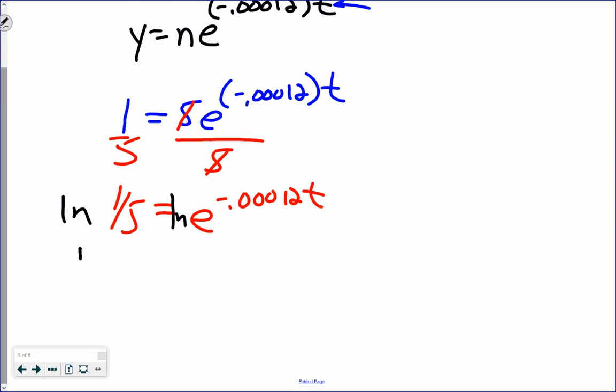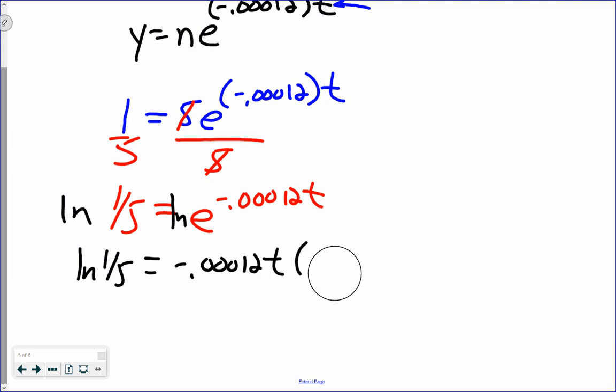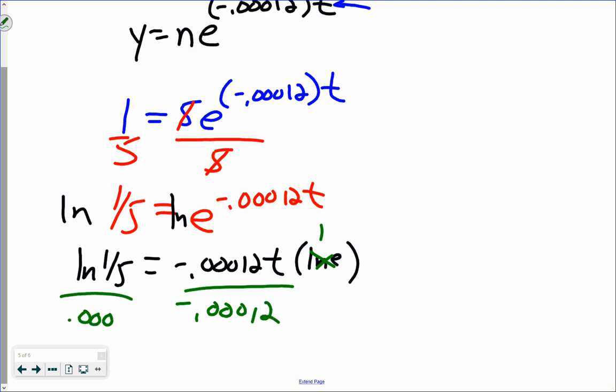So the natural log of 1/5 equals negative 0.00012 t times the natural log of e. Then t equals the natural log of 1/5 times 1 divided by negative 0.00012. Don't forget that negative, otherwise your answer is not going to make sense.